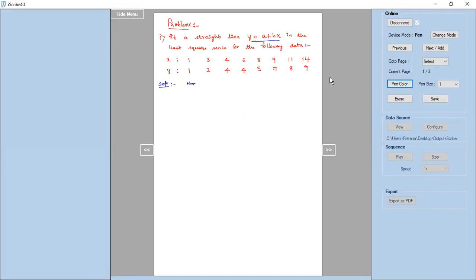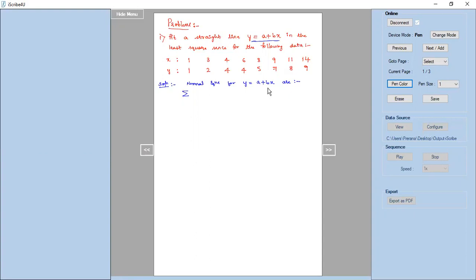Normal equations for y is equal to a plus bx. How do we write them down? We will not memorize any particular formula here. We can just remember that since there are two constants involved, a and b, we take summation throughout for the first normal equation.